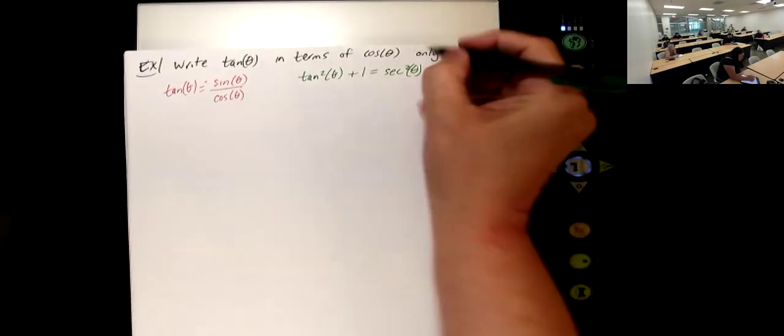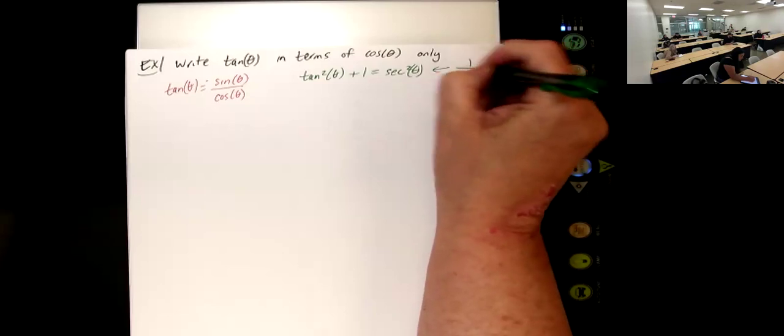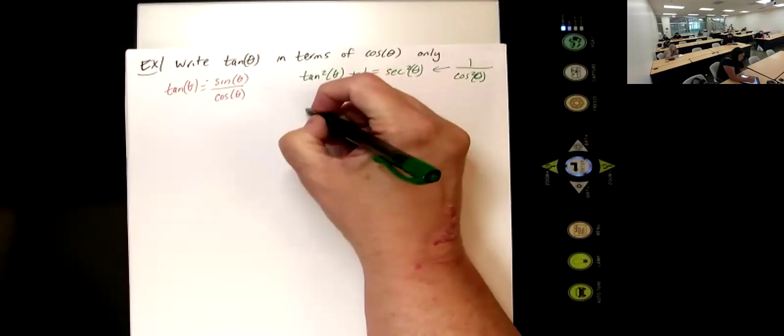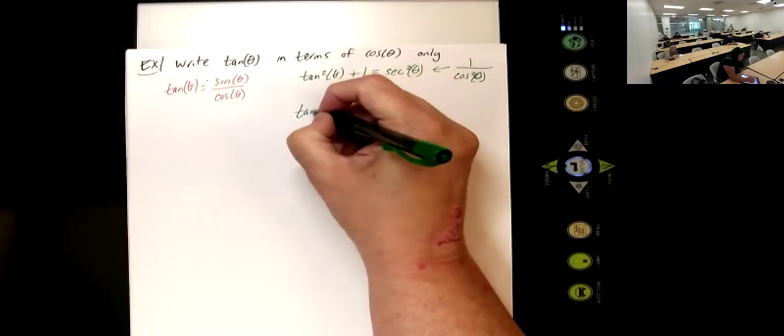Well, secant squared theta is 1 over cosine squared theta, so I think we can work with this one. Let's make that change.